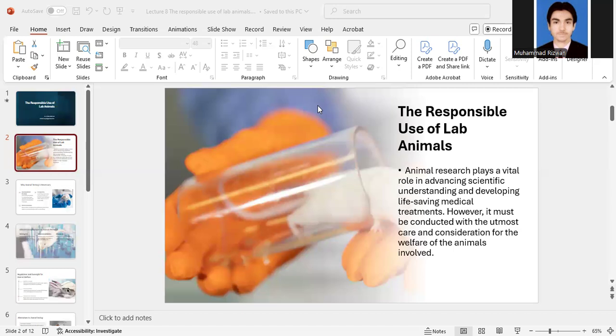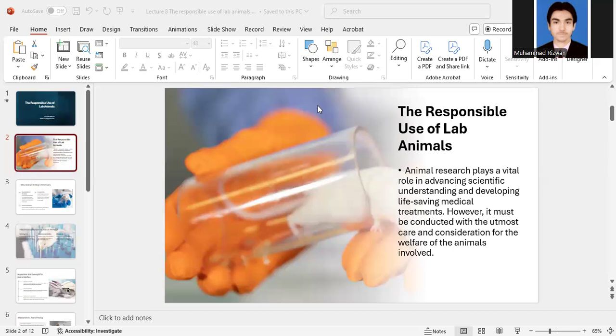So it must be conducted with the utmost care and consideration for the welfare of the animals involved. Even in the present era, there is a lot of movement all over the world that we should use the lab animals very, very carefully. It's not like we have a protocol and we are just randomly testing it on the animals.